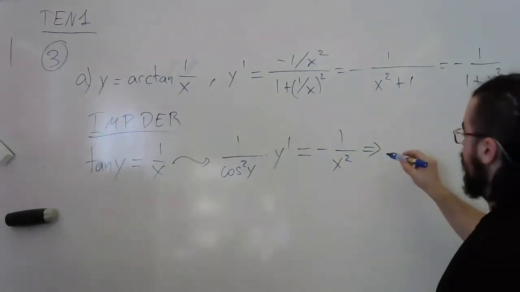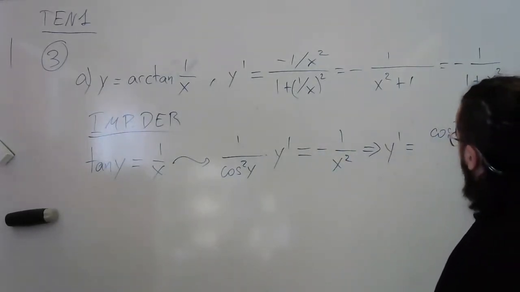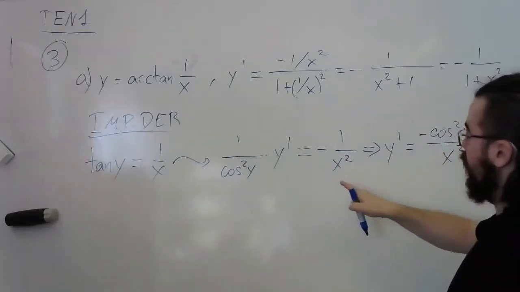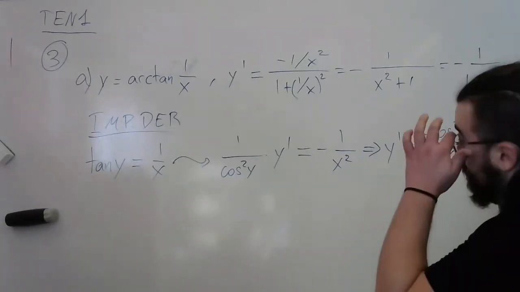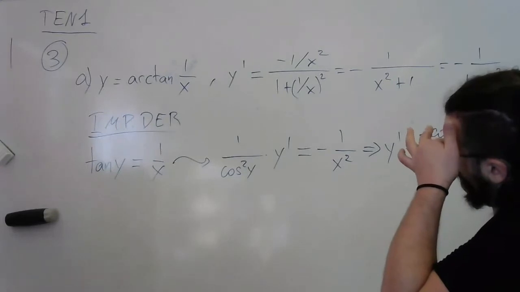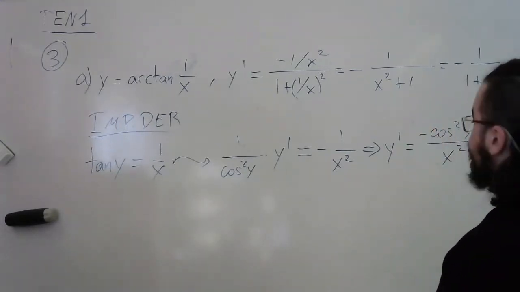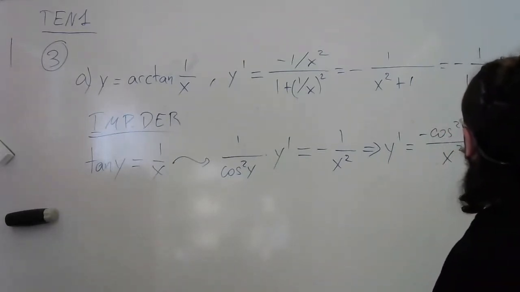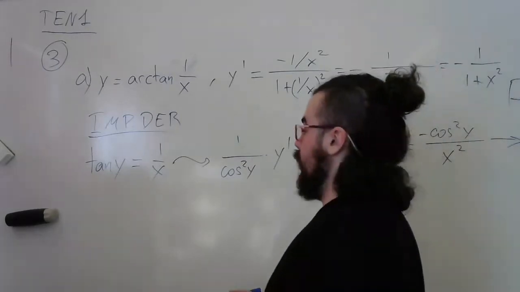We move this here multiplying, and so y prime would be cosine square of y divided by x squared, with this minus sign. Fair enough. And now, what's the cosine of y?